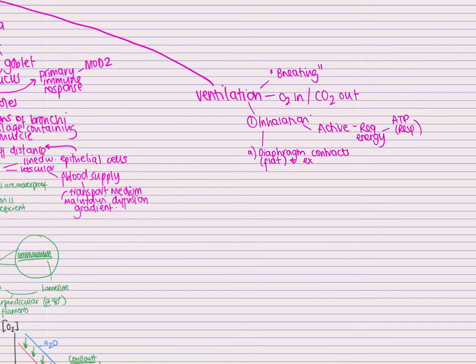And the external intercostal muscles also contract. Okay, so this is going to result in the ribs moving up and out, and it's going to increase the volume, decrease the pressure of the thorax.